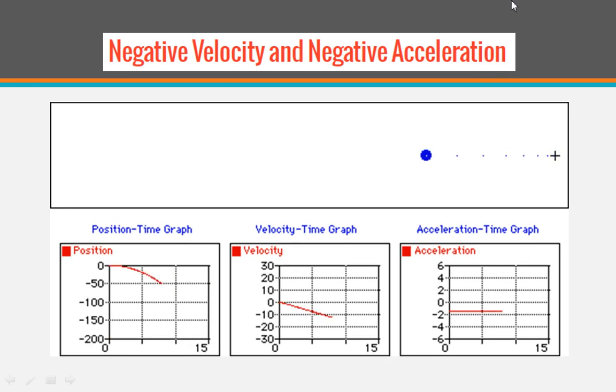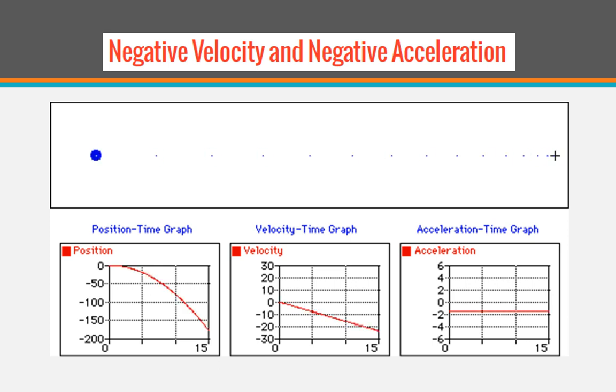So this one will speed up because velocity and acceleration are in the same direction. And I'll just write right on here. Let's look at these slopes. What do you notice about those slopes?